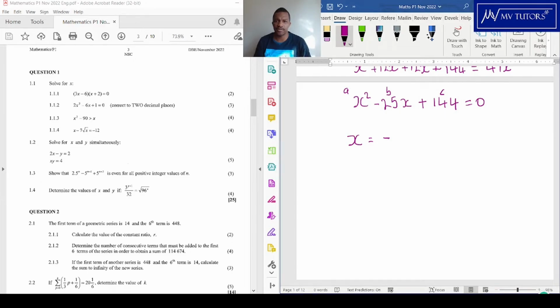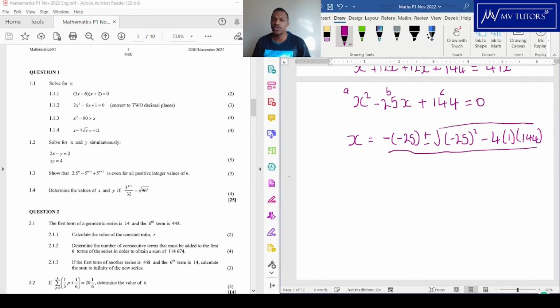Substituting, it's minus minus 25, plus or minus square root of b squared, which is minus 25 squared, minus 4ac, where a is just 1 and c is 144, divided by 2a, which is 2 times 1.